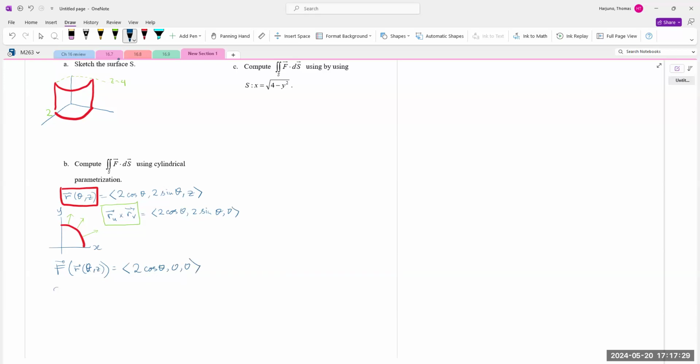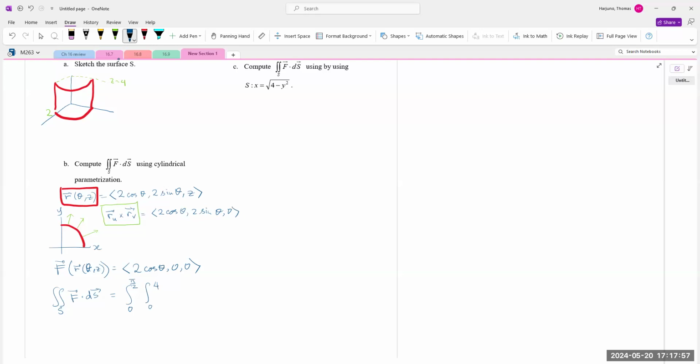Okay, so the double integral over S of F dot the oriented surface S equals the integral from 0 to pi over 2, not to 2 pi because it's only a quarter circle. Okay, and the z will be from 0 to 4.